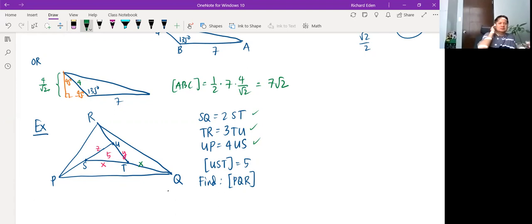TR is equal to 2, what, no. UR is equal to 2 TU. So that means, what can we say about RU? Well, actually, we can't say anything because it could, wait. No, RU is 2 times TU.